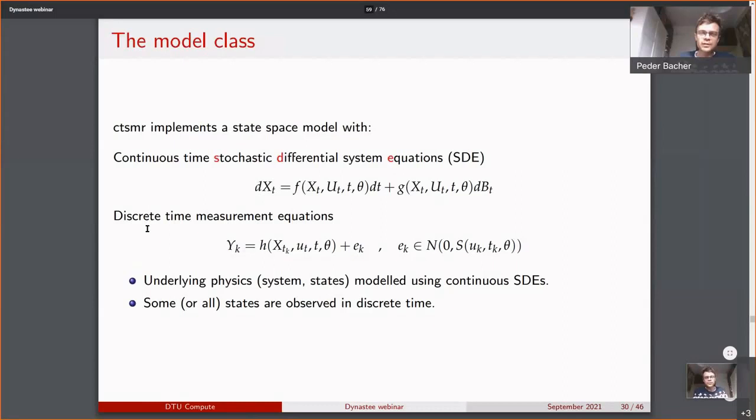And then we have the discrete time measurement equation, which says how the kth measurement, at time tk, was taken as a function of the states and inputs, and we also have the measurement error. So we can formulate up here, using physics, some differential equations, and down here how the observations were taken as a function of those states. And basically that forms the model.